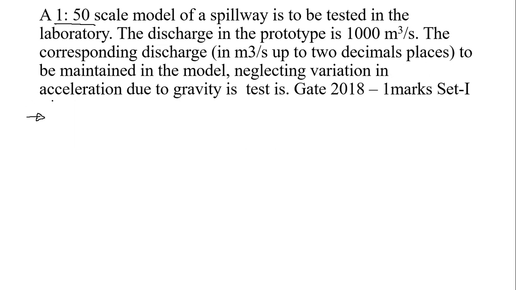Neglecting variation in the acceleration due to gravity in the test, the gravity for both the model and prototype will be the same, 9.81. That's why it is asked to neglect. Then the acceleration scale ratio, I think, is 1 AR. Is it like that? Yeah, for Reynolds law it is 1.